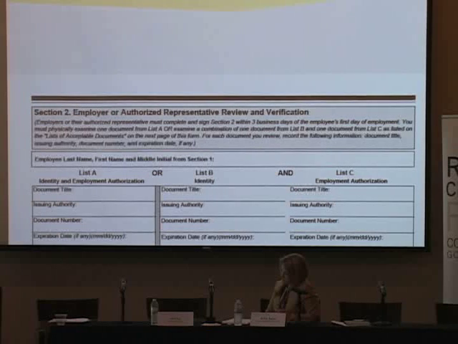Well, they should, but it doesn't always happen that way, and there are a lot of good reasons for it. But one of the things that we've seen, just a slight little change, and it's hardly even noticeable, is in the instructions where we're always talking about list A, list B, list C. And of course, if you're all familiar with I-9 compliance, you already know the rule that we can accept one document from list A or one from B and one from C. But now they've actually inserted the words a combination of one document from list B and one from list C. Again, not a huge change, but it is something to serve as a reminder because a very, very common mistake that we see, and one which is oddly difficult to correct only because there's no real guidance about how to correct it, is when you have all 3 of them filled out.